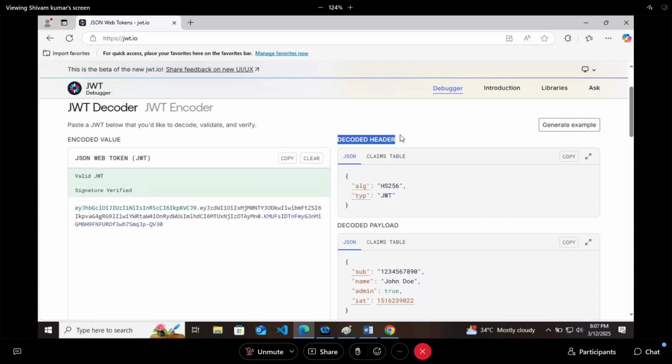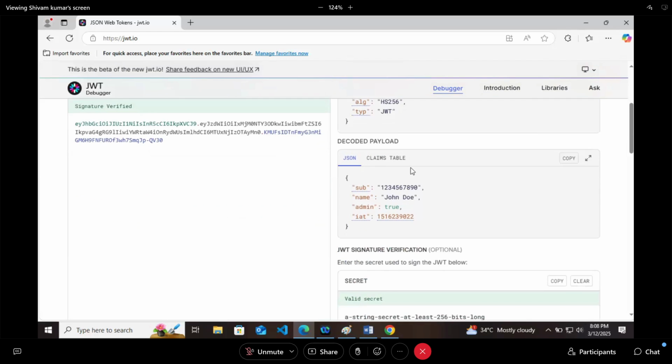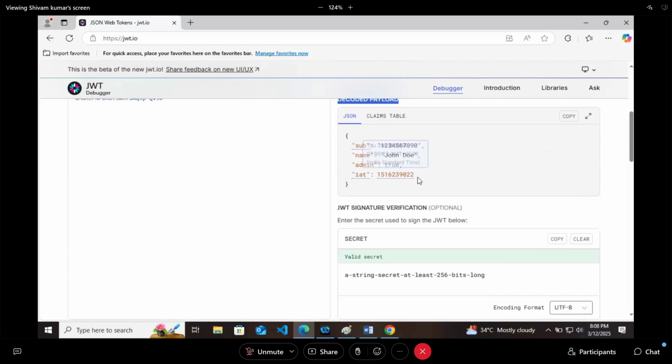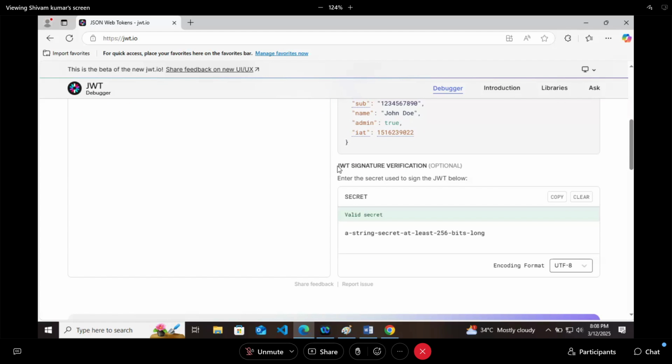Whenever you are making a JWT request, it has a header. Second thing, it has a payload. Payload is actually your message. And then at last, it has a JWT signature verification.